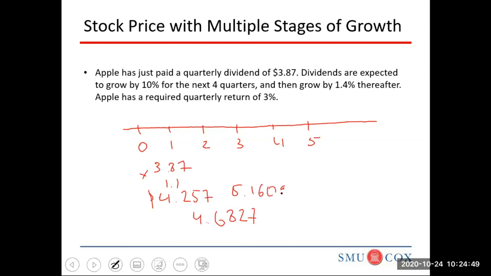5.160. Oh, how much? Oh, I got 5.15097. Just check that. So it's 4.6827 times 1.1.